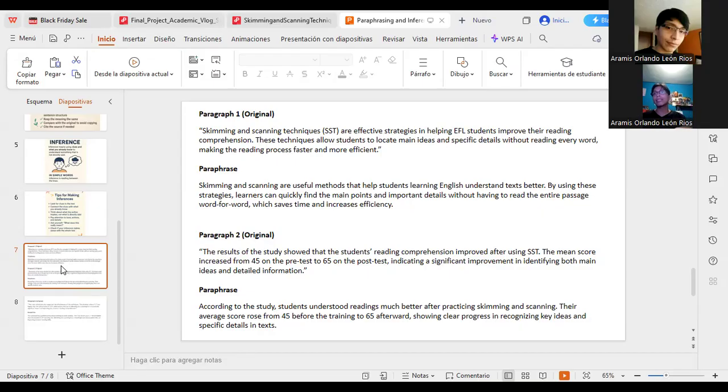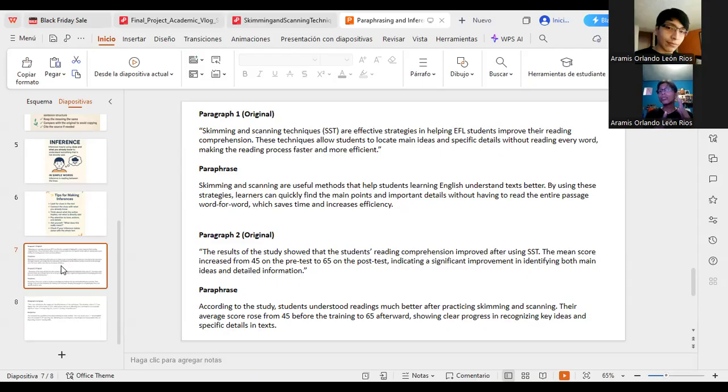And the second one shows a clear rise in student scores from 45 to 65. So we can infer that practicing these strategies leads to real learning improvement, not just temporary help. And the third one, the improvement is not accidental. We can see that the techniques have a measurable and reliable impact on students' ability to find main ideas and details.